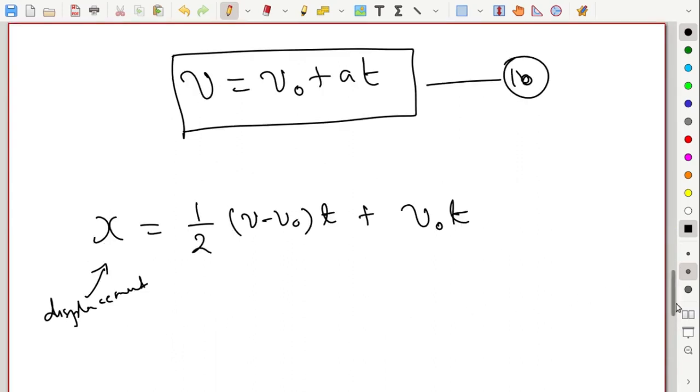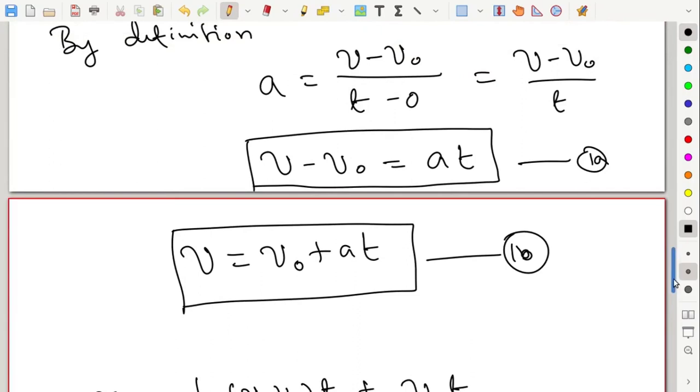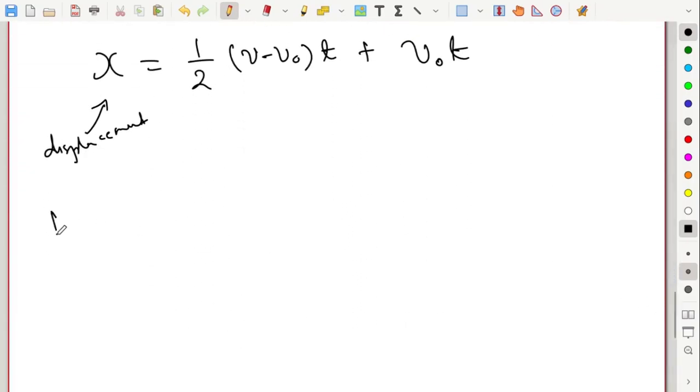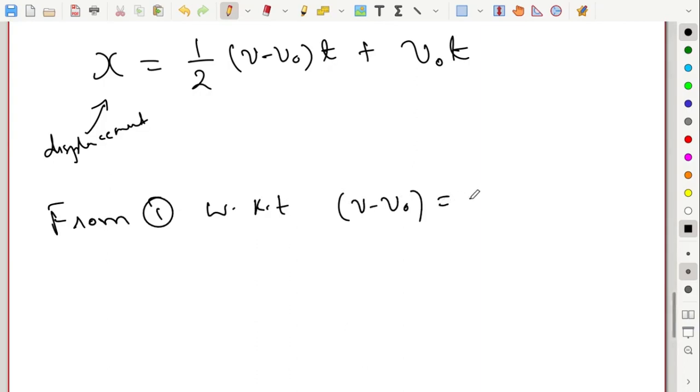But from equation 1a we know v minus v naught is at. Okay, so from equation 1 we know that v minus v naught is nothing but at. So we can substitute v minus v naught by at.